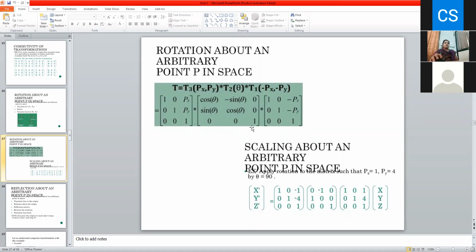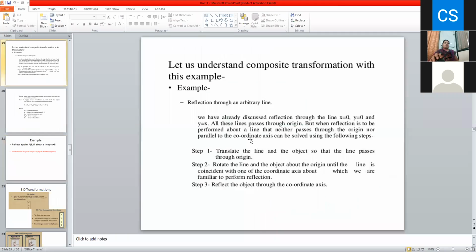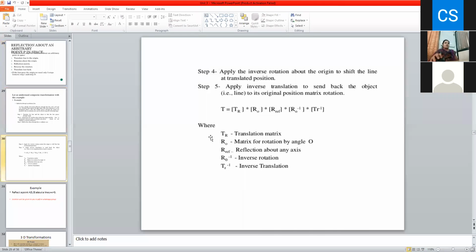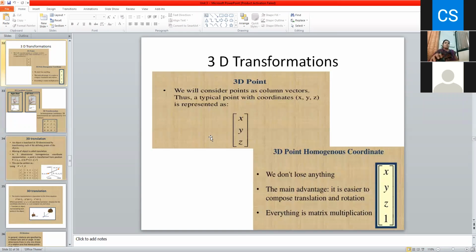So we have seen the rotation about an arbitrary point, and the reflection through an arbitrary line. We saw how to carry out these transformations using the combined transformation that we have already seen, right? Then we started with 3D transformations.